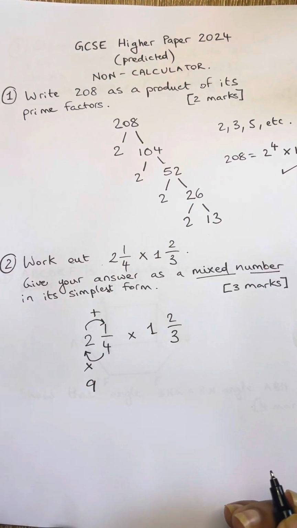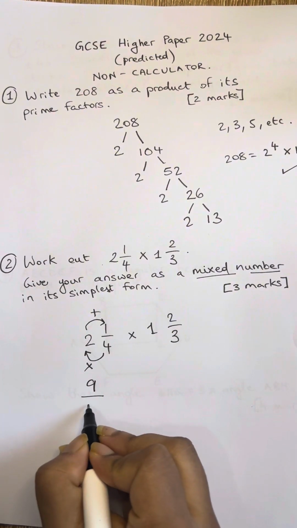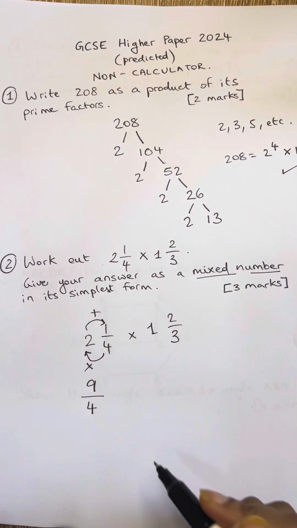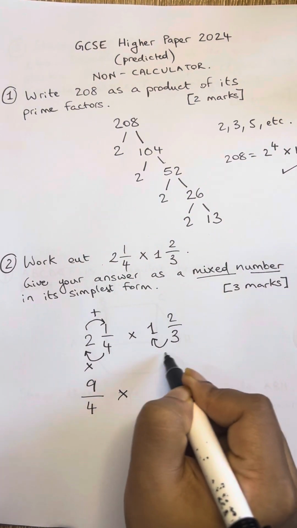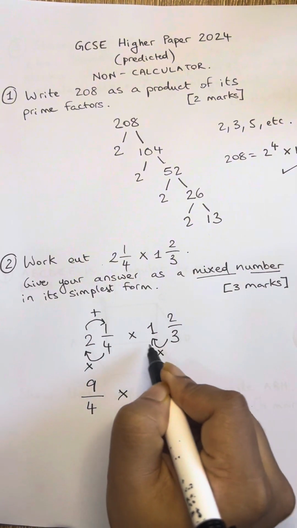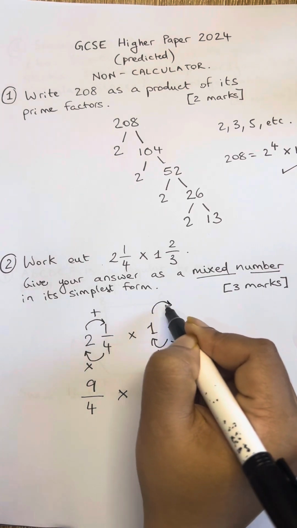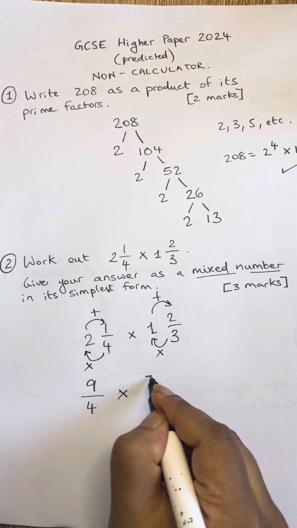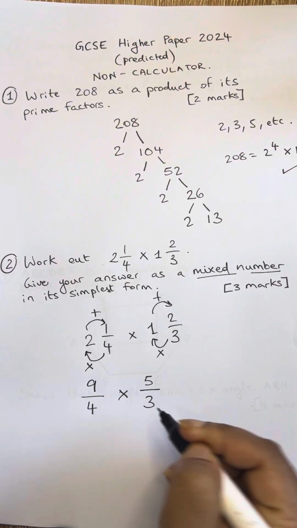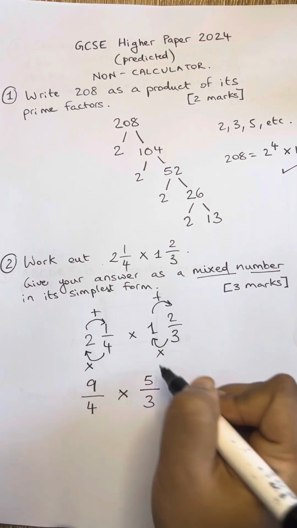That's going to be our numerator, over 4. The 4 stays the same. Multiplied by, again, the same thing for the mixed fraction: I need to multiply 3 times 1 and then add 2. So 3 times 1 is 3, and then add 2 is 5 over 3. The denominator stays the same.